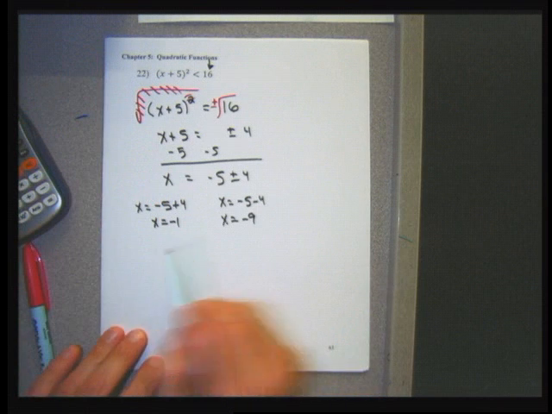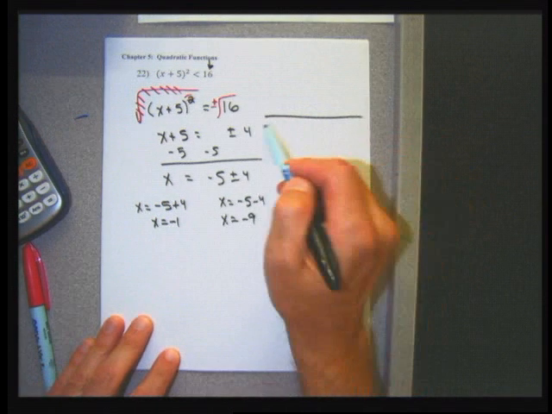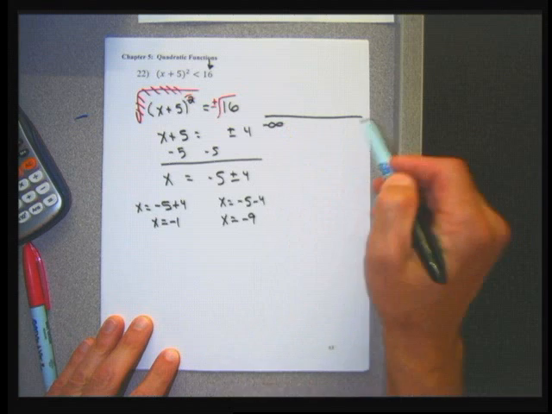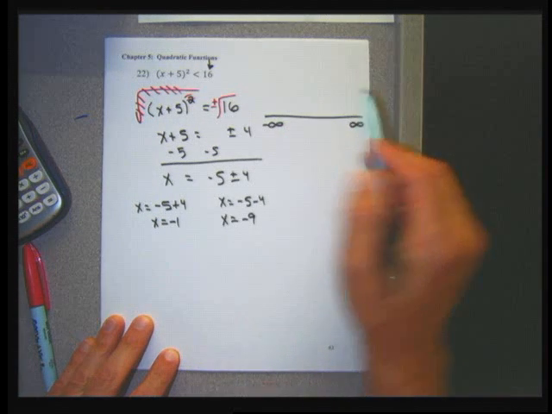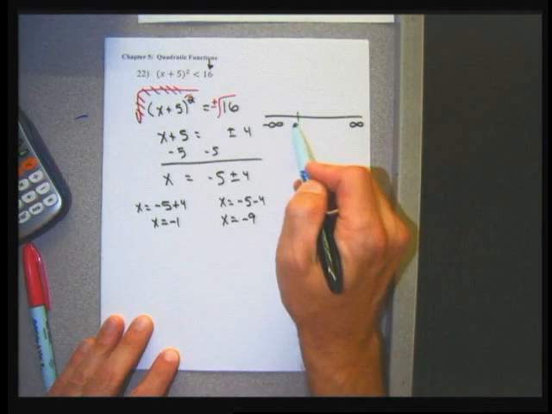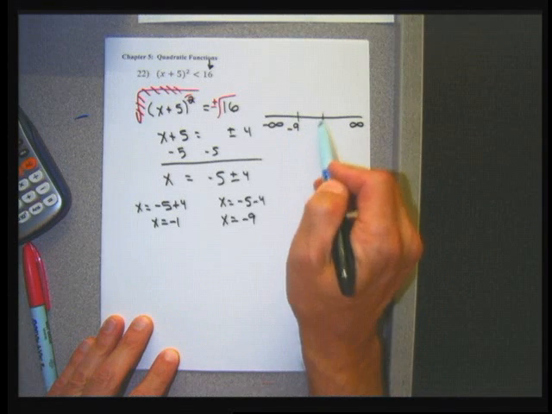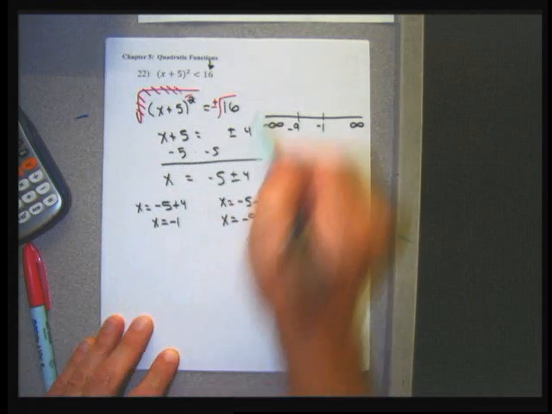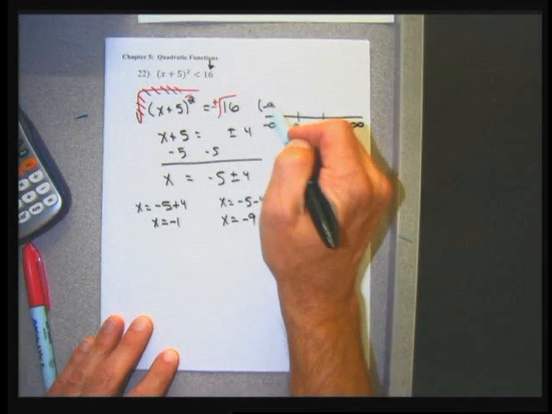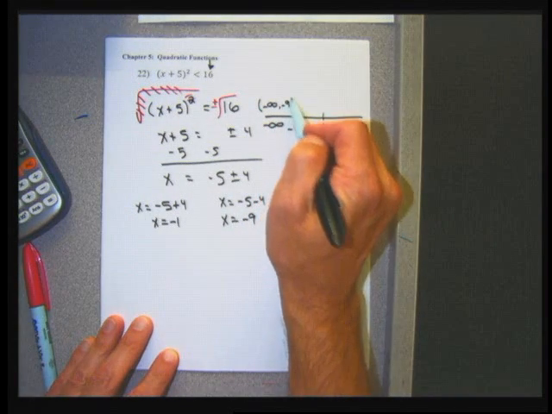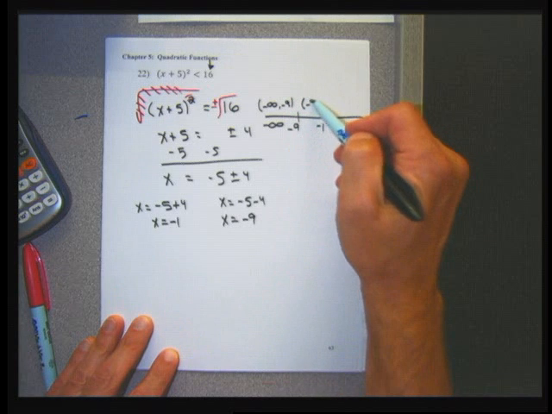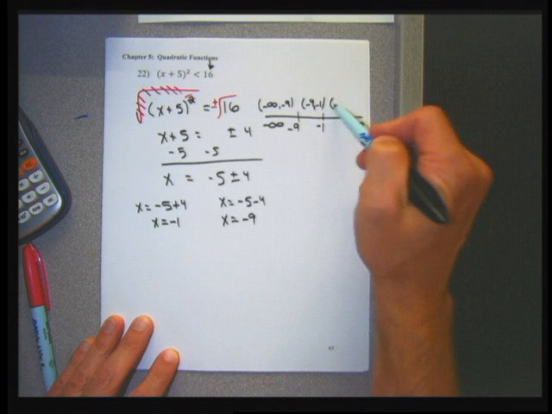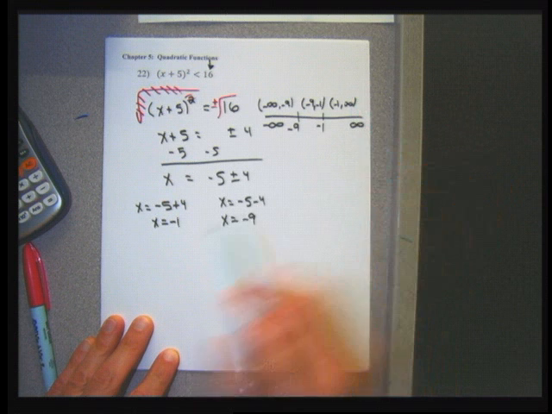So I'm going to make my number line. I get negative infinity on the far left edge, positive infinity on the far right edge. Negative 9 goes further left than negative 1. I get all round parentheses because I don't have the or equal to. So I get negative infinity to negative 9, negative 9 to negative 1, and negative 1 to infinity for my intervals.